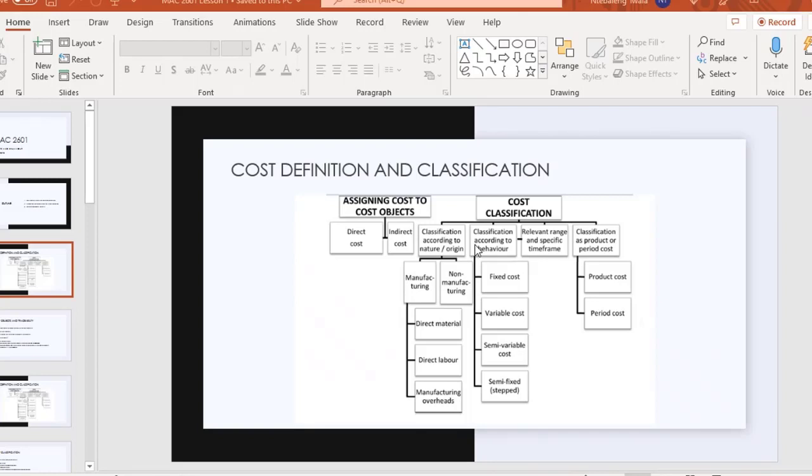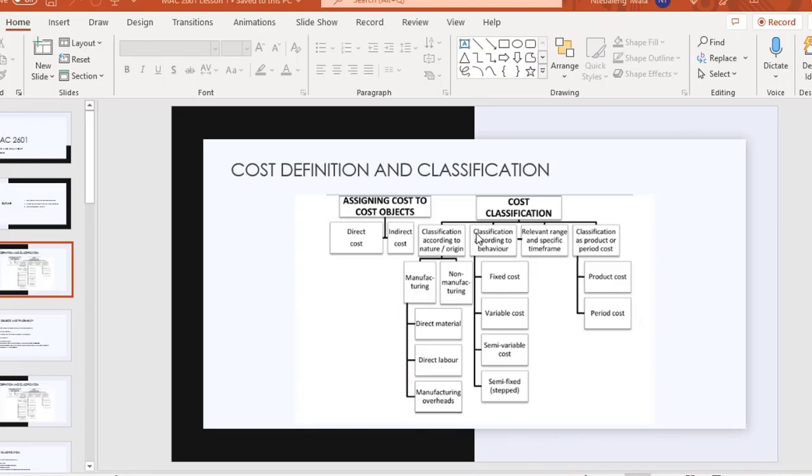If you're making a product, then your cost object would be your raw materials, isn't it? A product can be something, guys. So a table is a cost object. Why? Because when I look at the table, I can trace all the costs that we've incurred. Your raw material would be the wood that is used for the table.